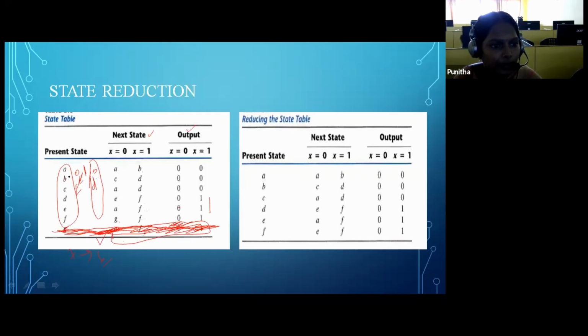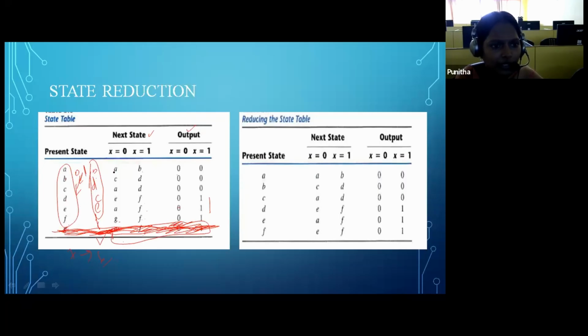I don't need to have any extra state here. All the next states should come only from the present states, whether it is C or E, but it should come from A, B, C, D, E, F. Other than these, I won't have a next state.